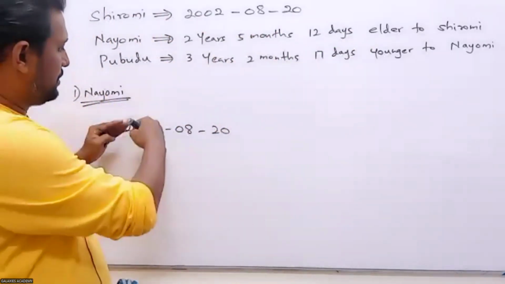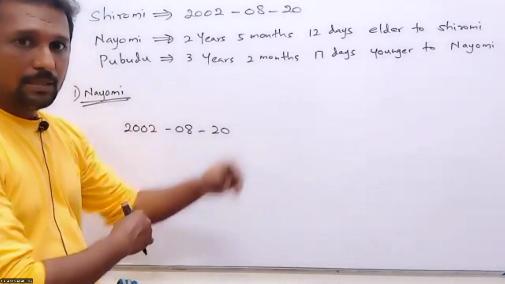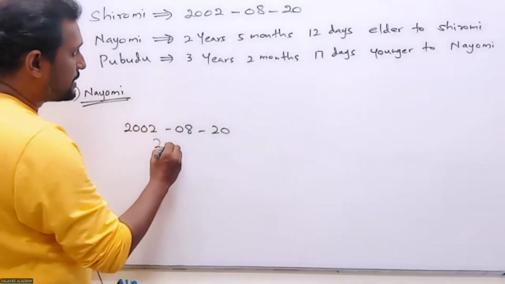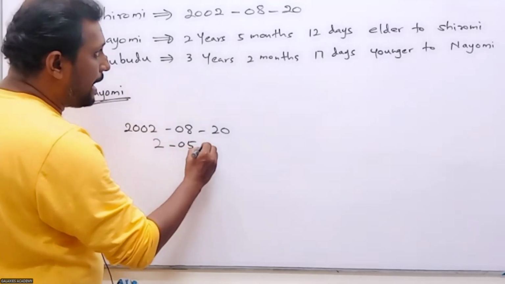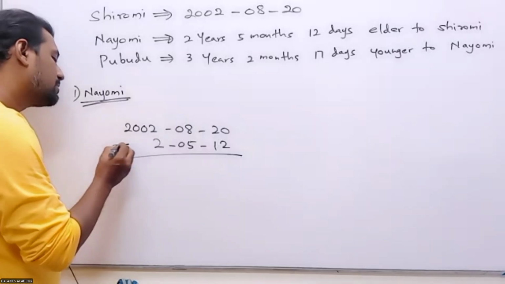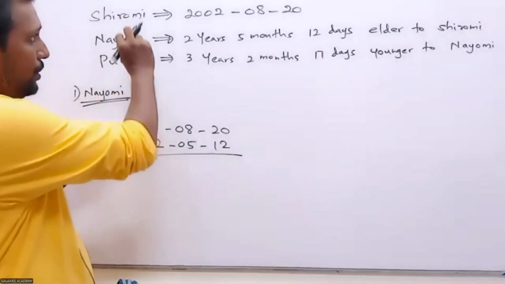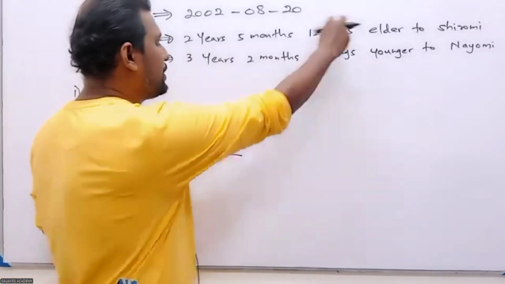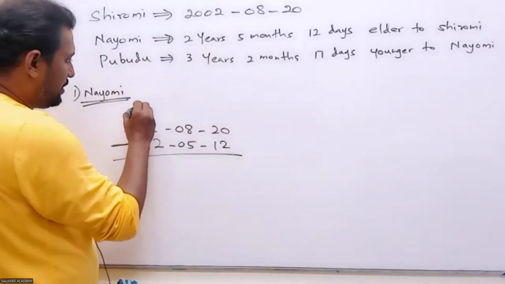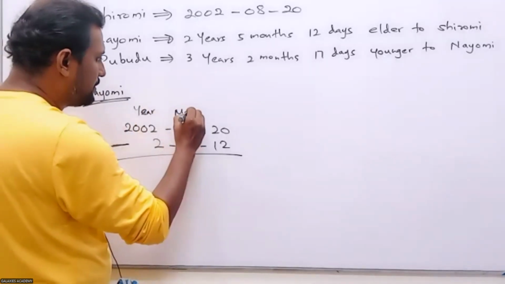Elder means she was born before 2002. How many years, months and days? 2 years, 5 months and 12 days earlier, so you have to subtract this value. We need to find a date before that. So we subtract this age gap from Shiromi's birthday. Right? So you can find the answer in years, months, days.